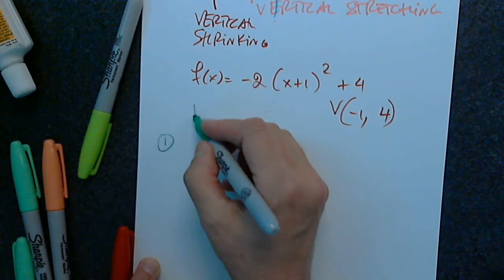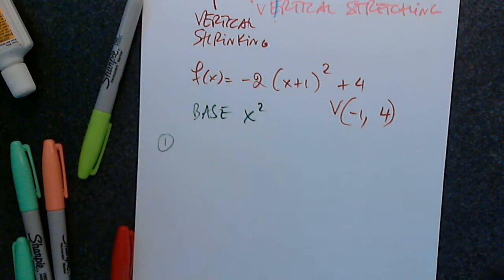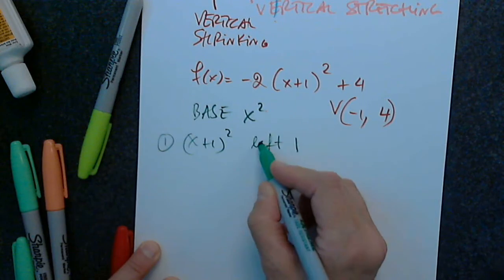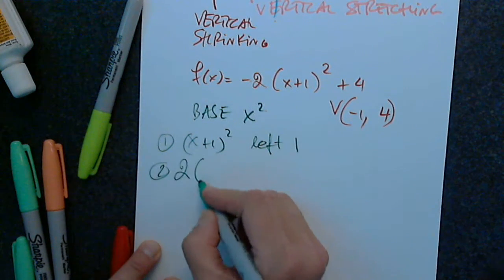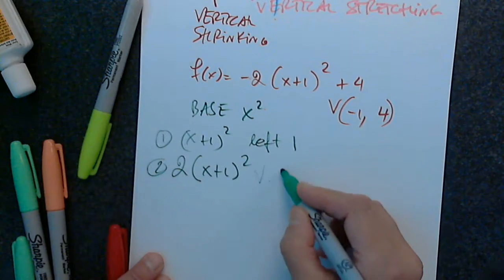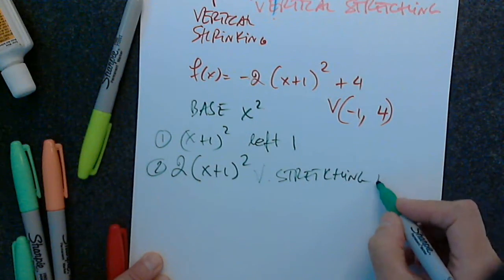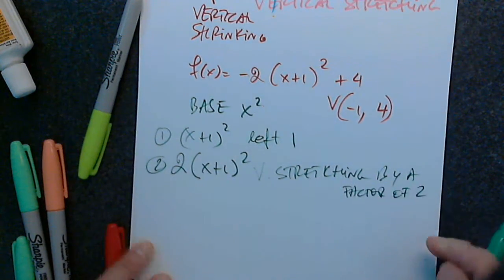So number 1, you already told me that the base was x squared. So the first transformation on x squared is? Very good. Awesome. Great job. So which is left 1. Good. The second transformation is on this, which is twice (x plus 1) squared. Vertical stretching by a factor of 2. Perfect.